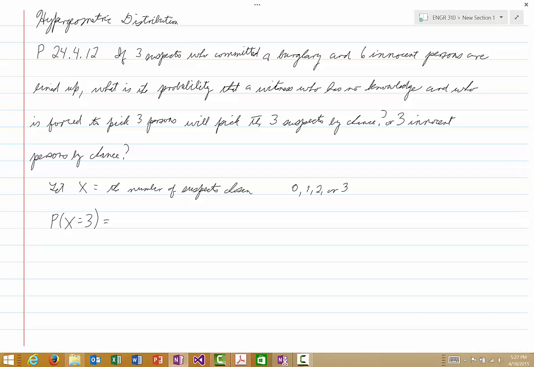When the witness makes his first choice, since there are 3 suspects and there are 9 total people, the probability that he picks a suspect on the first choice is 3 out of 9. And then, since he's not going to pick that person again, you can think of this as picking without replacement.